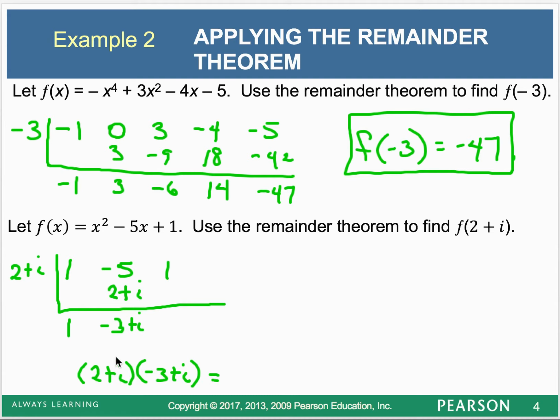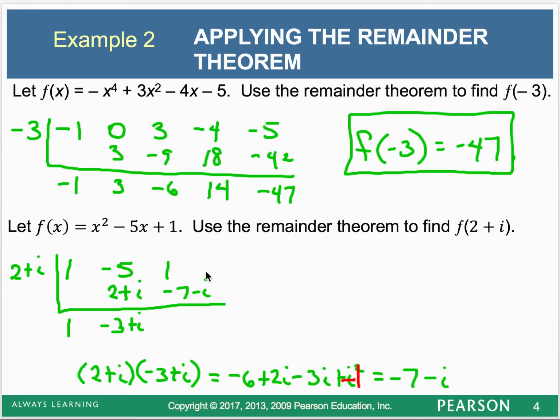So we wind up with -6 plus 2i minus 3i plus i squared. Remember, anytime we have an i squared, i squared is -1, right? So this really gives us -6 minus 1, -7 minus i. Okay, so that's what I put here, -7 minus i.